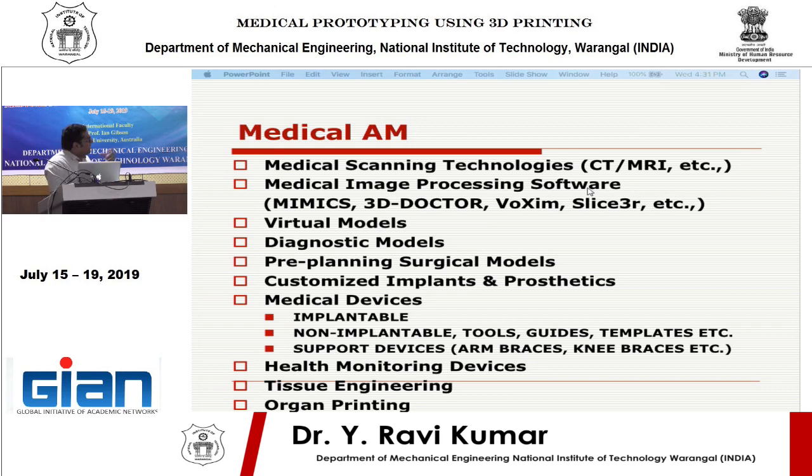And you have some supporting devices, like arm bases or knee braces, and devices for the elderly. These are all supporting devices. So it need not be an implant every time. This is the broad spectrum of application.